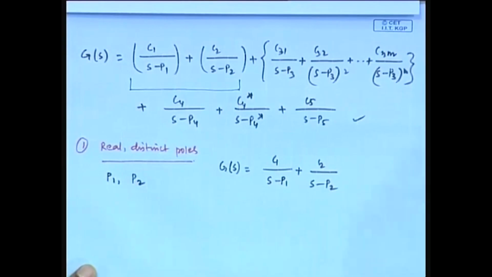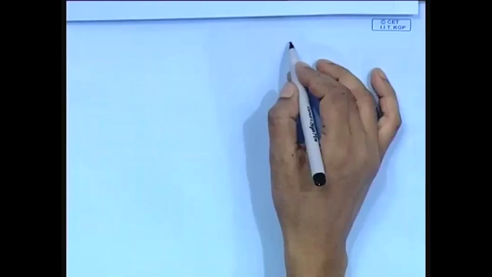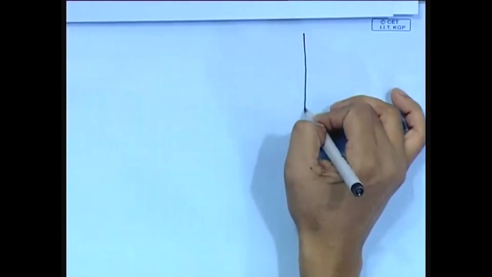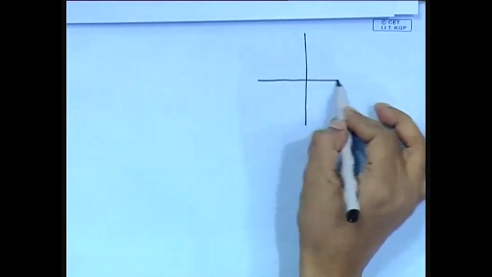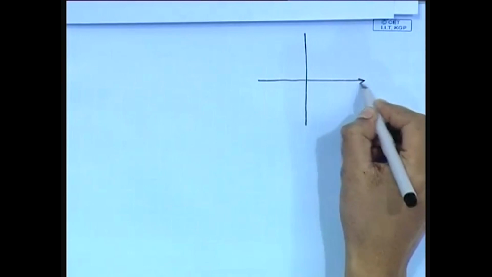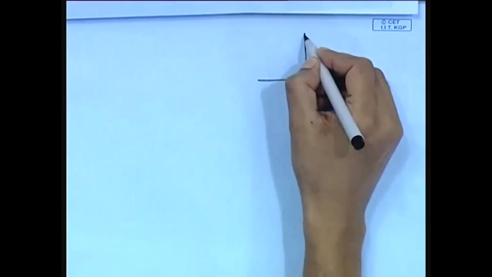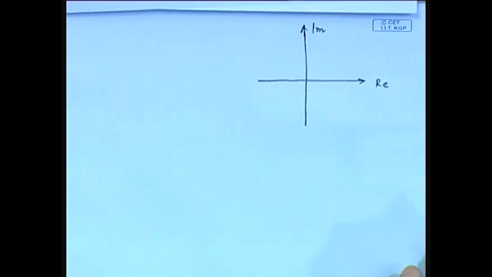I have mentioned another thing, that s is defined in the complex plane by s = a + jb. So, we can represent these two poles in the complex plane in this way. Suppose this is the real axis, this is the imaginary axis. Both poles are real and distinct.